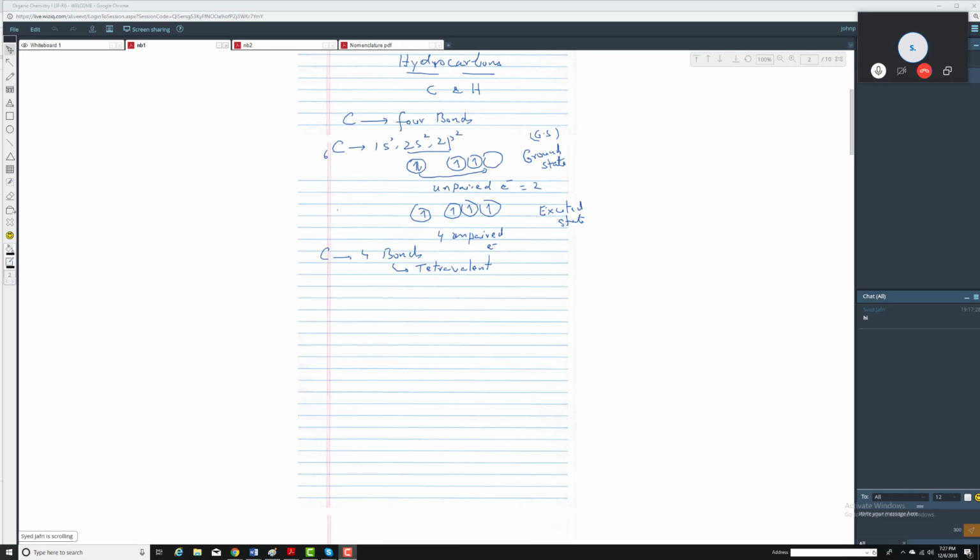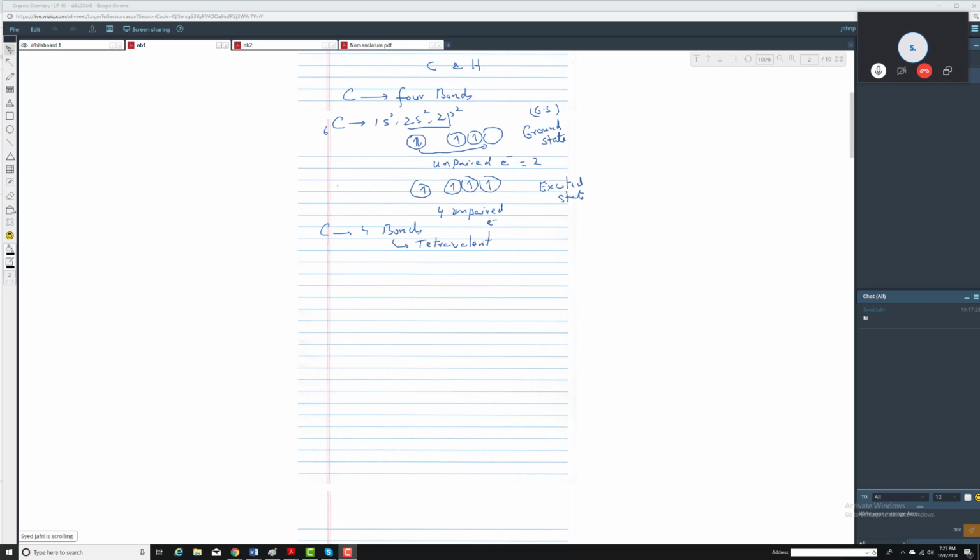Carbon can make 2 bonds in the ground state. Actually, we are going to introduce one topic, hybridization. Hybridization is, theoretically, a mixing of orbitals of different energies.